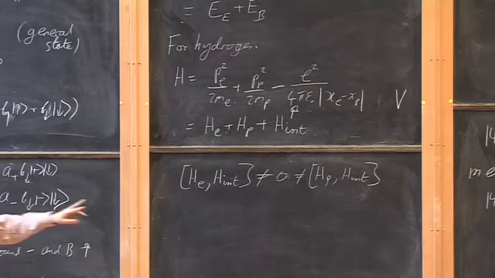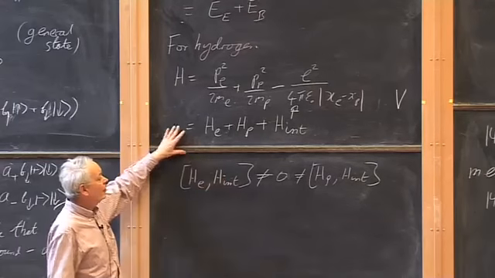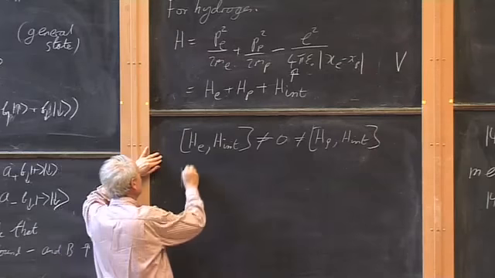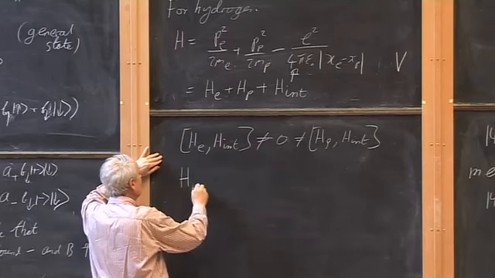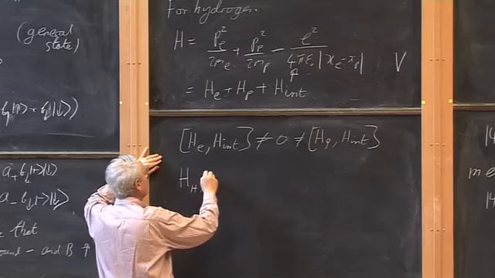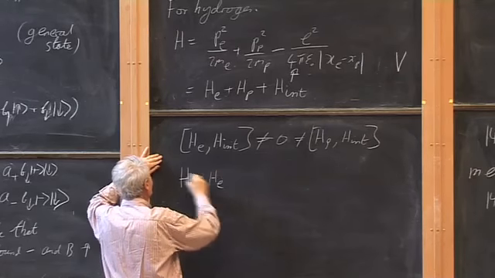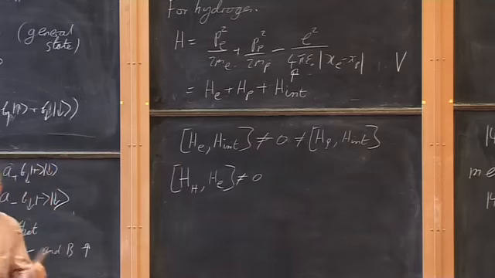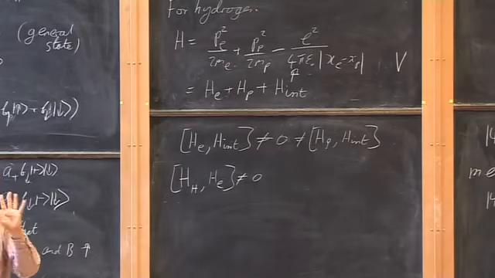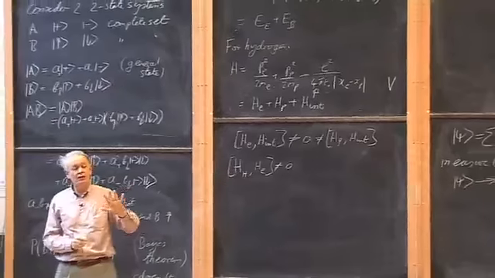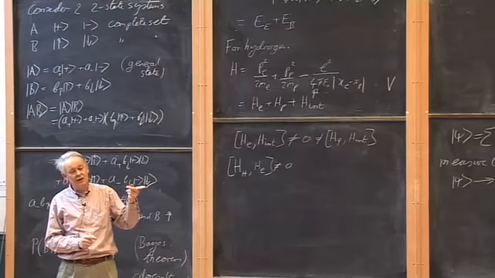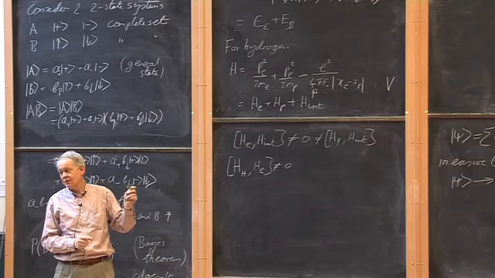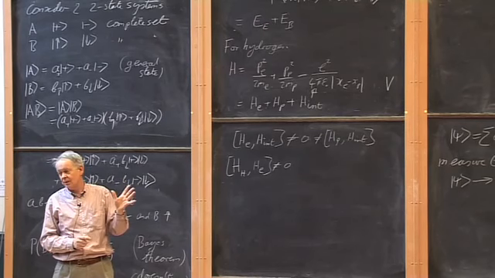So the important point about this is that the Hamiltonian of the hydrogen atom does not commute with the Hamiltonians of the electron and the proton. You cannot know the energy, so generically you do not expect to be able to know the energy of the hydrogen atom if you know the energy of the electron, because they don't commute. And it's the interaction that stops them commuting.